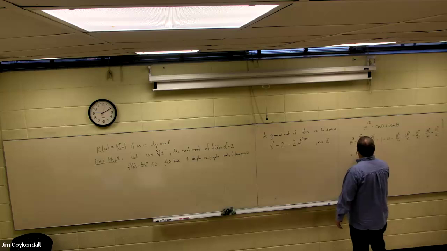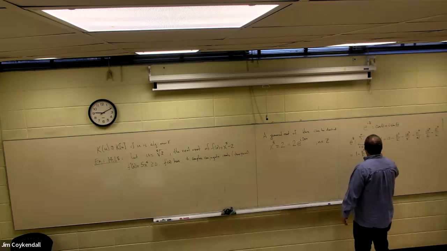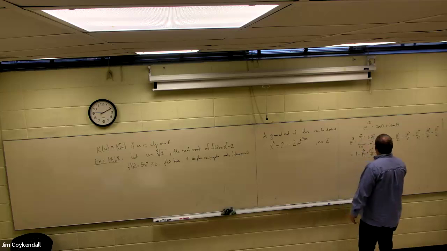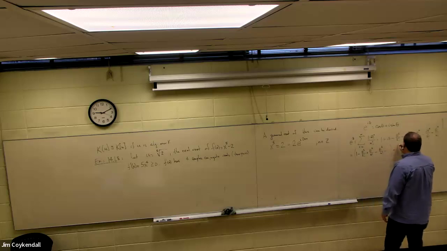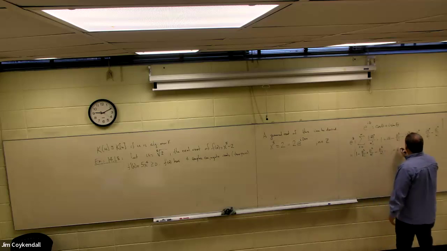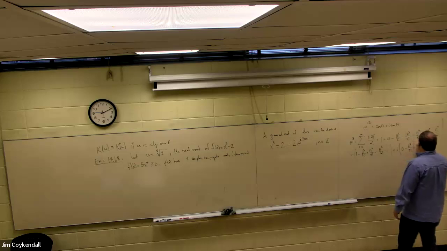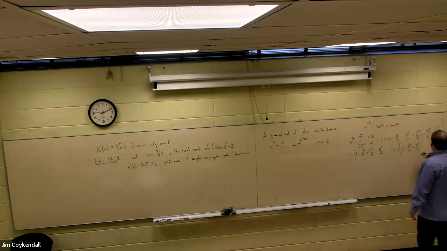But what you get is 1 minus theta squared over 2 factorial plus theta^4 over 4 factorial minus theta^6 over 6 factorial, blah, blah, blah. And every other term has an i in it. This is theta minus theta cubed over 3 factorial plus theta^5 over 5 factorial, minus theta^7 over 7 factorial, blah, blah, blah.